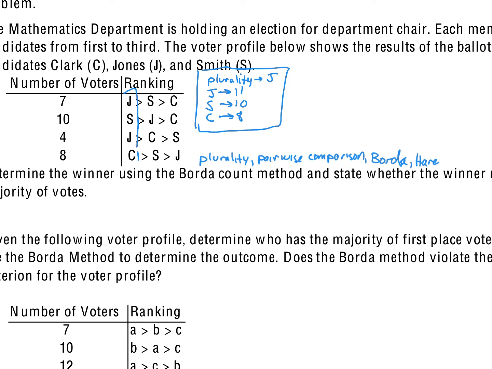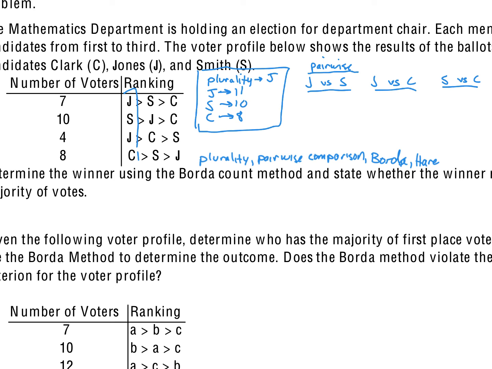Then for the pairwise comparison method, we'll compare the J versus the S, the J versus the C, and the S versus the C. All comparisons.